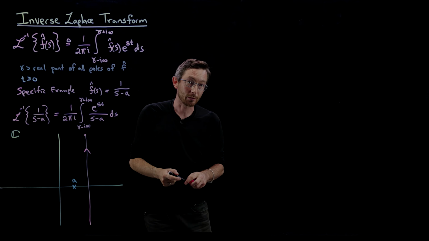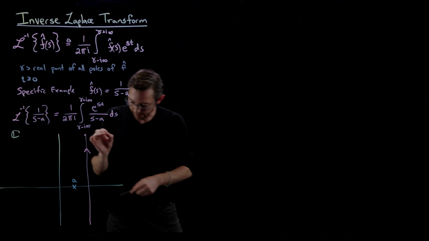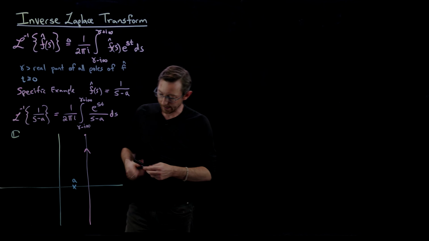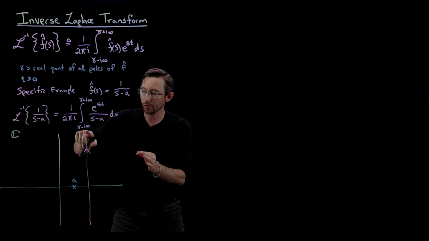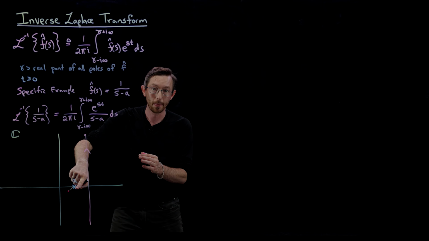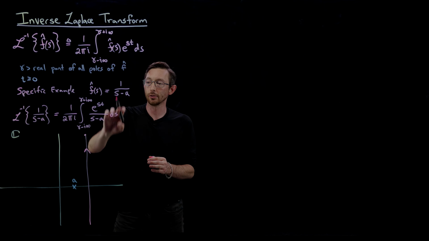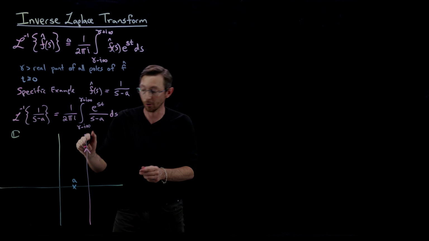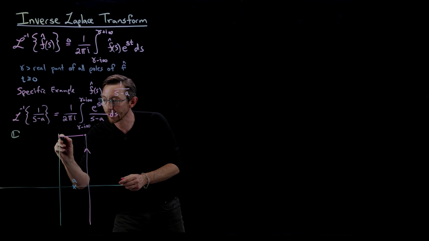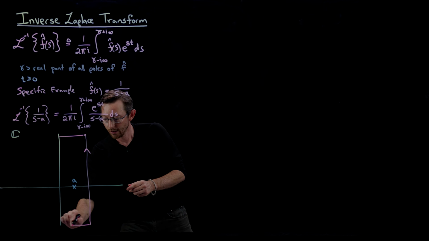That's what I've written down here. And so the strategy that we're going to take is that we are going to essentially create a closed contour around this pole, because we know how to solve integrals of closed contours of an analytic function divided by a simple pole. So what I'm going to do is connect like this.